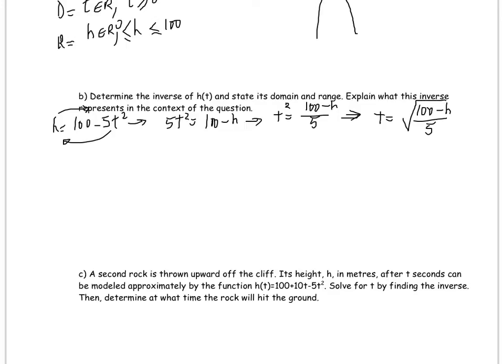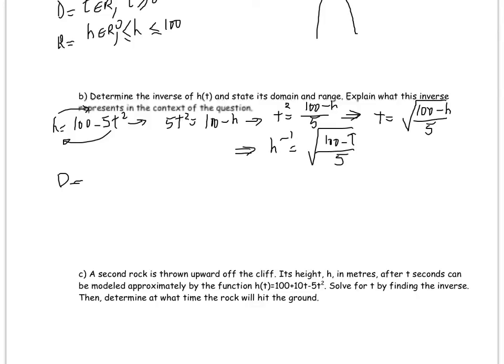Now we have to find the domain and range of this function. We can either find it using t equals the square root of (100 minus h) over 5, or since this is the inverse, we know that the domain of the inverse is the range of the function, and the range of the inverse is the domain of the main function. I forgot here that I have to replace t with h⁻¹, so h⁻¹ is equal to the square root of (100 minus t) over 5.